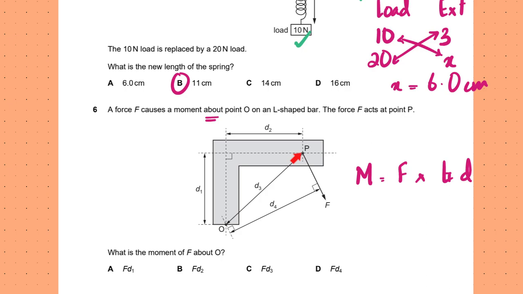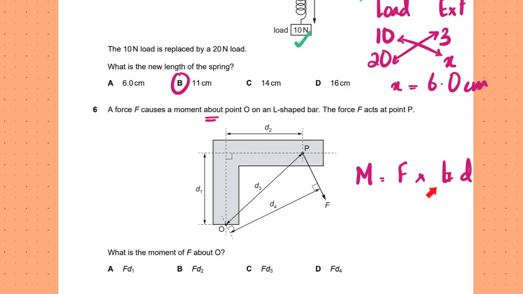Now we need to see what is the perpendicular distance of the line of action of this force from the pivot. Now, what I really need to do in any case that I need to calculate moment is, if I see this is how the force is acting, all I need to do is from the pivot, I need to select the shortest distance. So from the pivot, the shortest distance to the force, right? Why am I saying shortest?